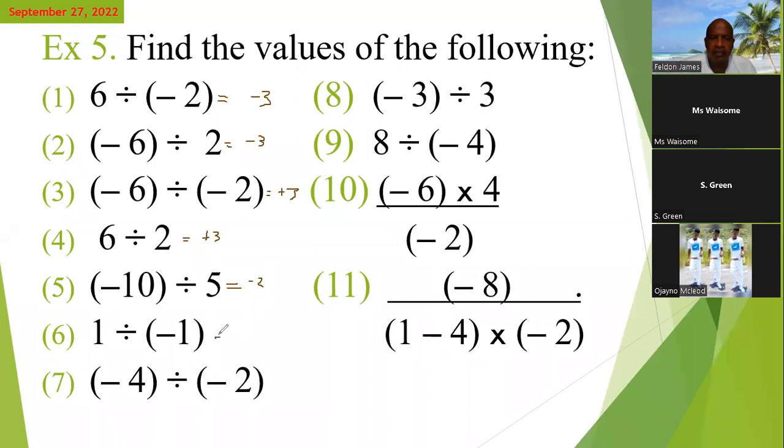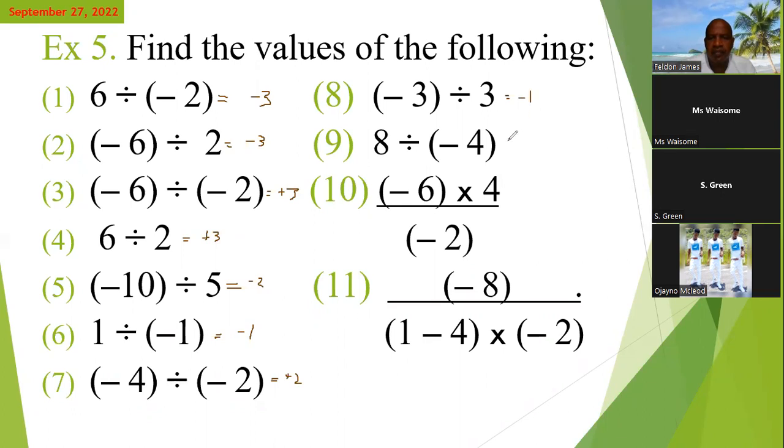Question 6. Negative 1. Question 7. Positive 2. Question 8. Negative 1.